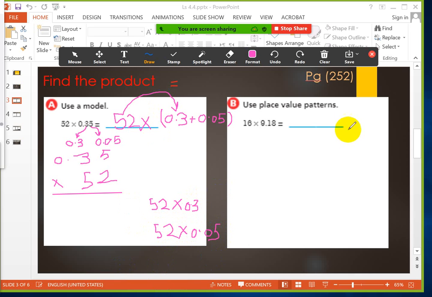Let's multiply this number right here. Okay, 52 multiply 0.3. This is the first number.